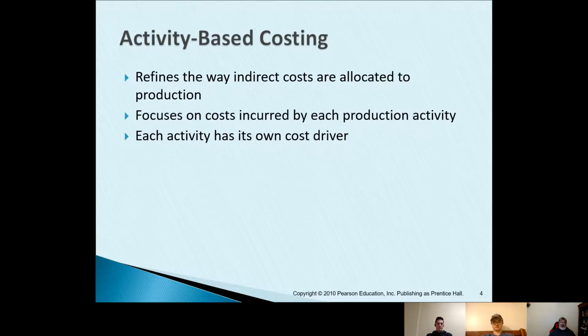Or I'm talking about the guys in my inspection shop, and for them, my cost driver was how many pieces they inspected. Instead of labor hours or labor dollars, it was how many pieces. Did I push 100 pieces through there for them to inspect, or did I push 1,000? So each activity has its own driver.